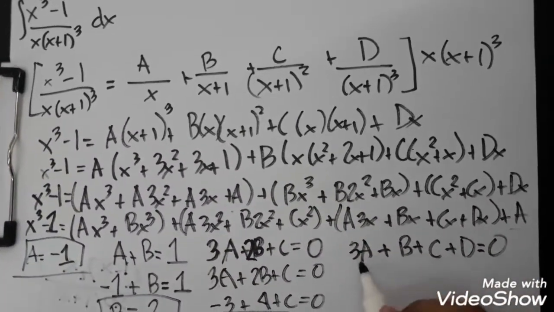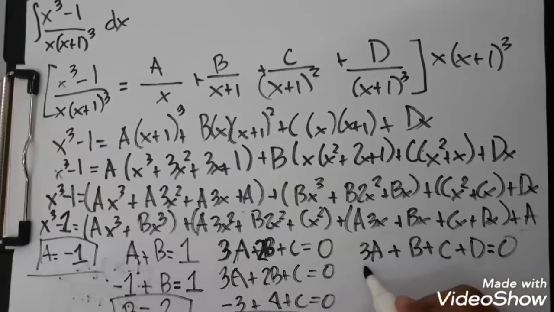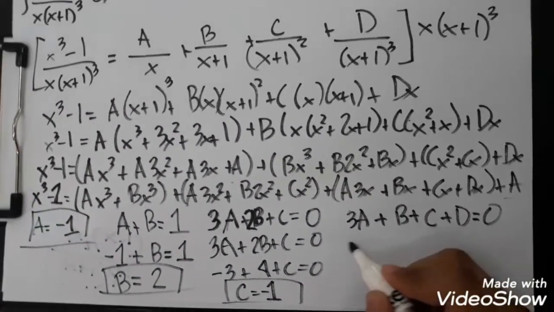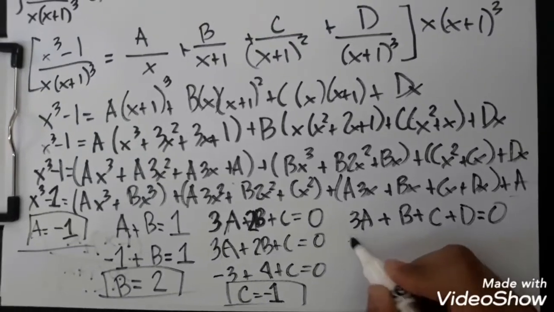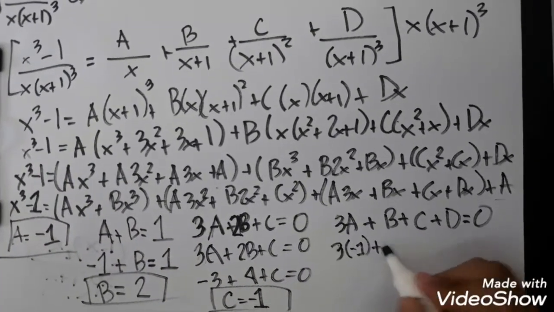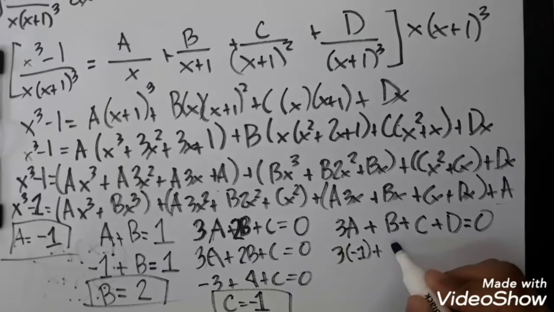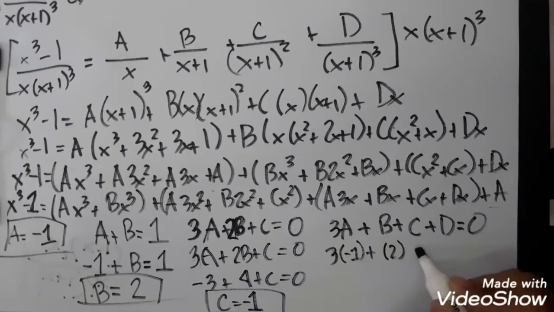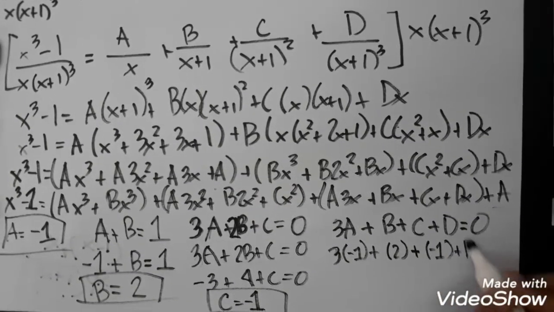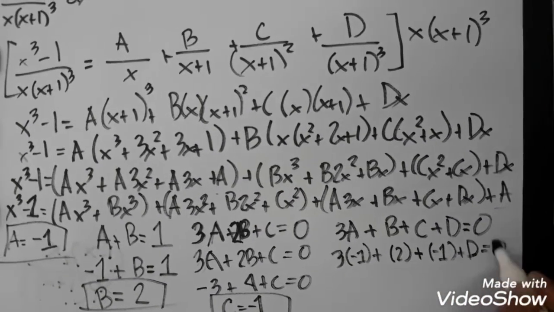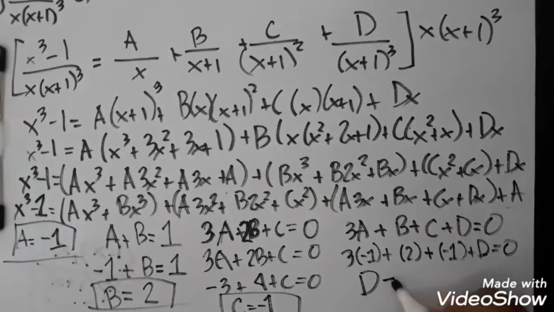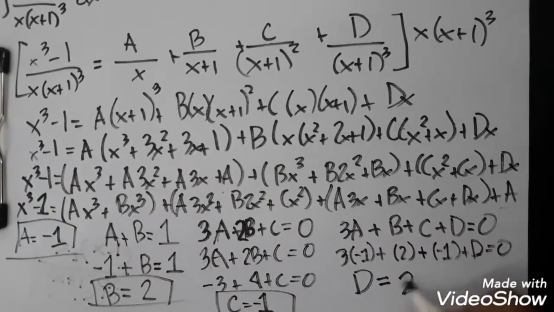And now, we can directly substitute it, which will lead to our answer. 3 times negative 1 plus 2 plus negative 1 plus d is equal to 0, and it will lead us to an answer of d is equal to 2.